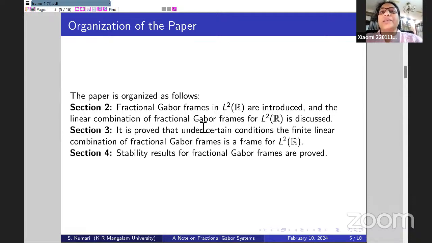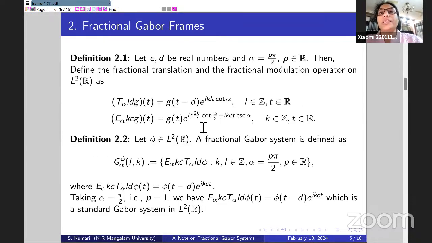Next section. Here is the first definition of the Gabor system. Let c and d be real numbers, and alpha is p pi by 2, where p is any real number.